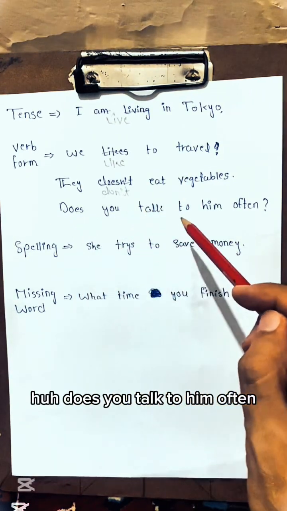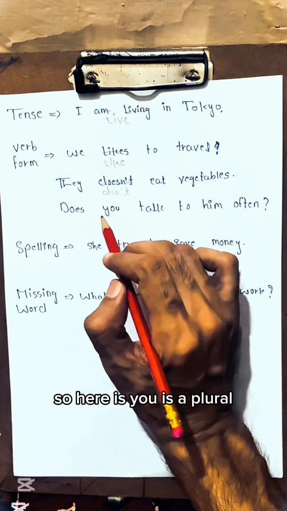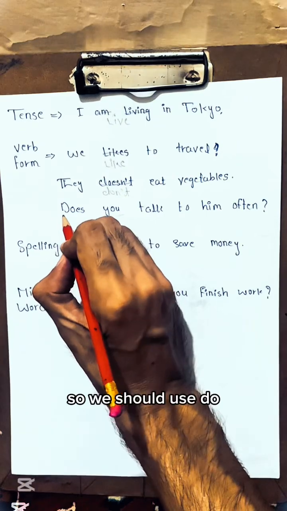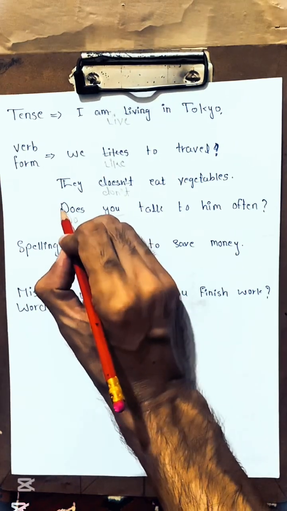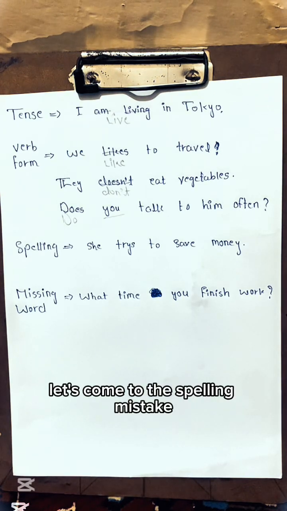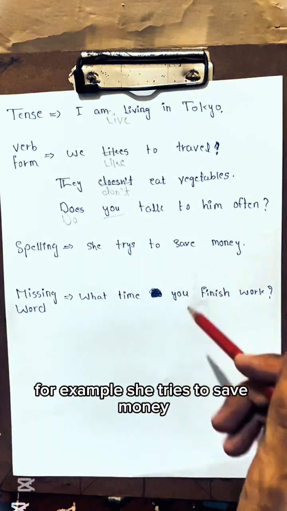Does you talk to him often? Here you is plural, so we should use do. We should not use does. Got it? Let's come to the spelling mistake. For example, she tries to save money.